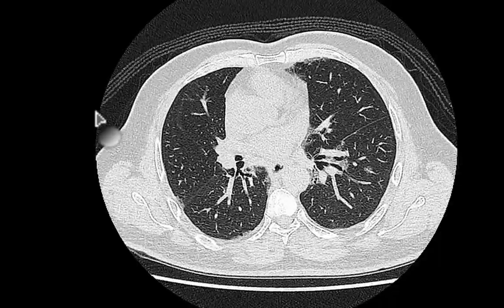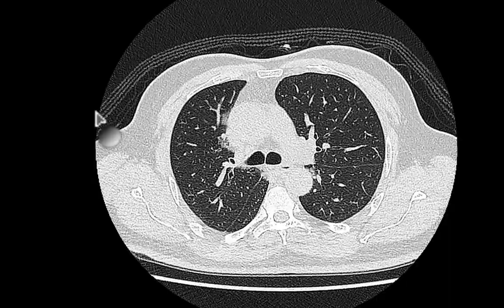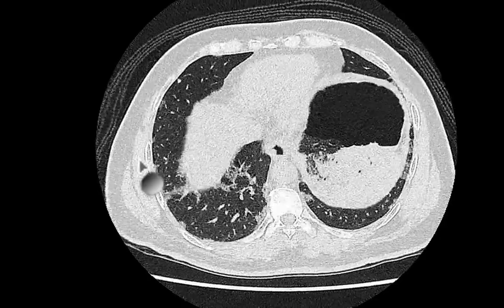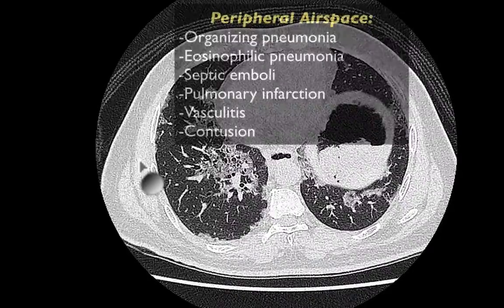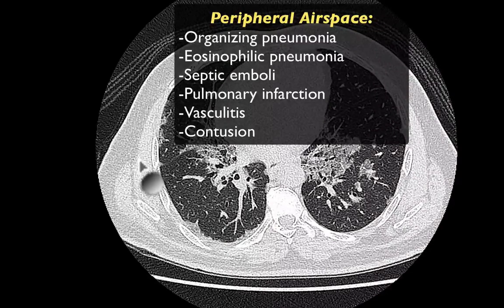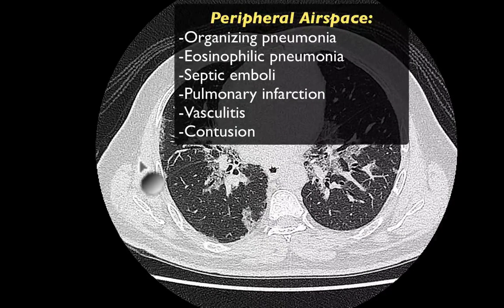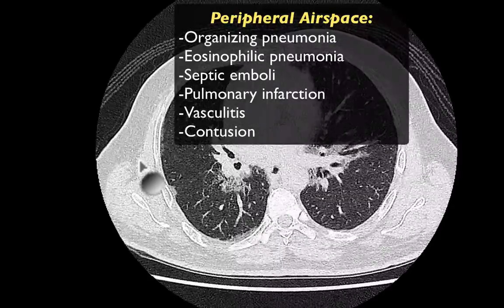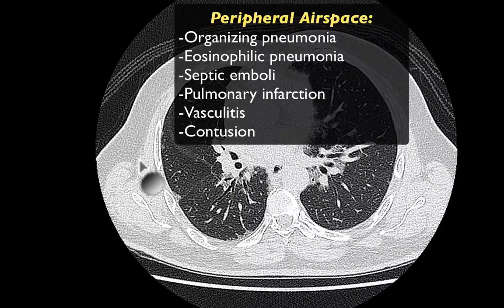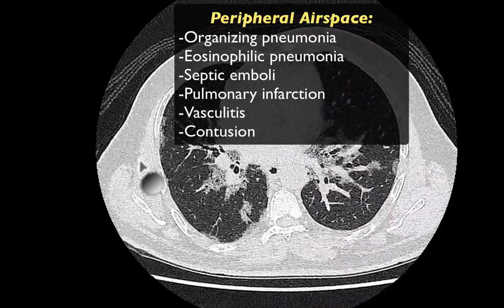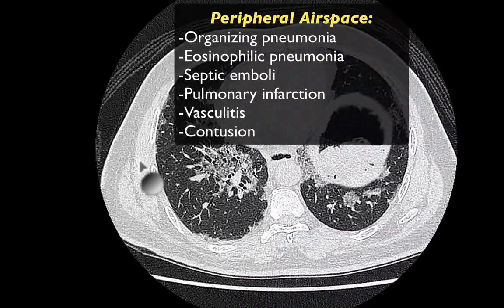Now, this is a good chance to revise the differential diagnosis for subpleural or peripheral airspace opacities. This includes organizing pneumonia, eosinophilic pneumonia, septic emboli, pulmonary infarction, vasculitis, and contusions.